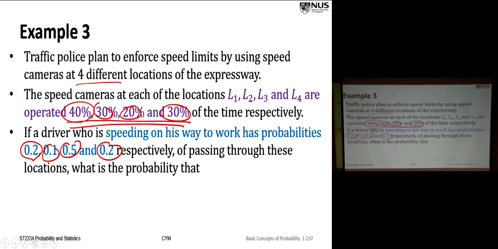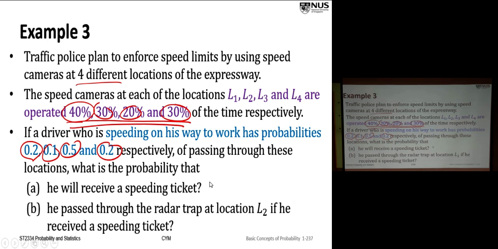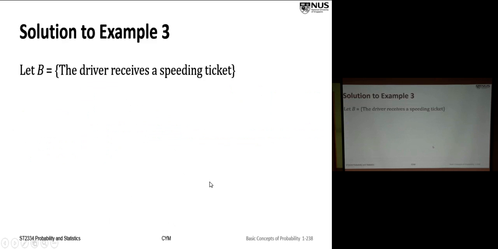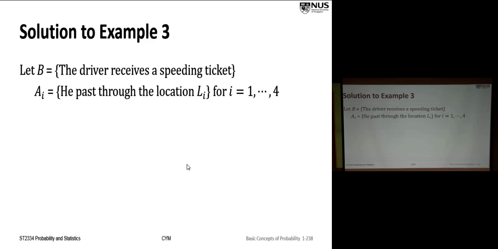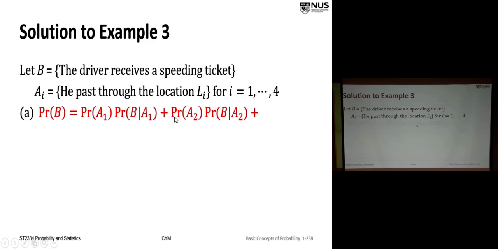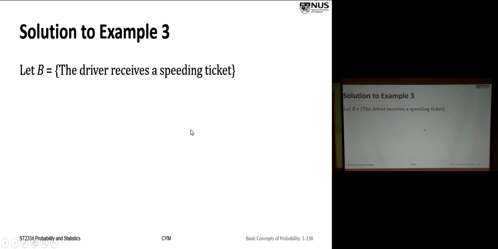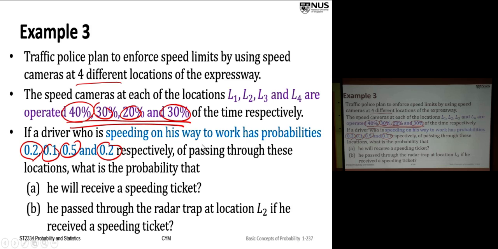We want to find the probability that he received a speeding ticket. Ai is the event that he passed a certain location. These add up to 1, right?